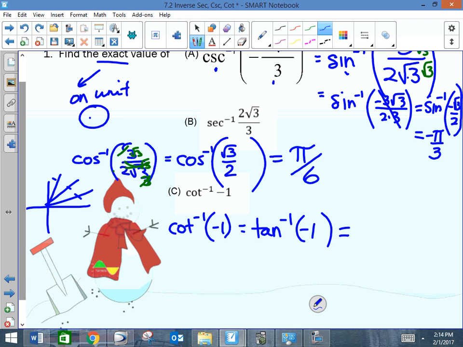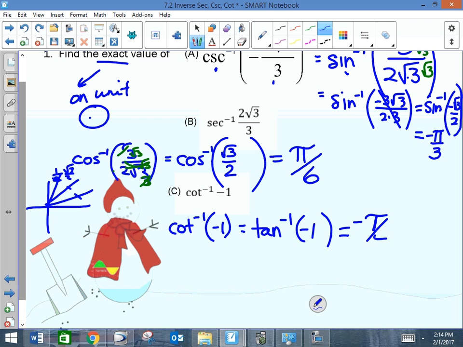Tangent is y over x. So, sine over cosine. Where are they going to be the same so that you're going to get 1 for sine over cosine? Think about these values. Pi over 4?